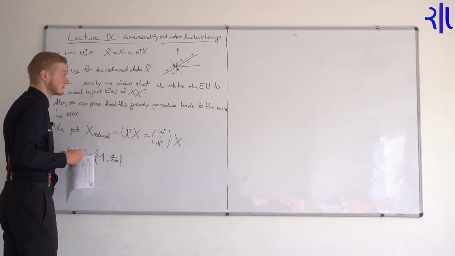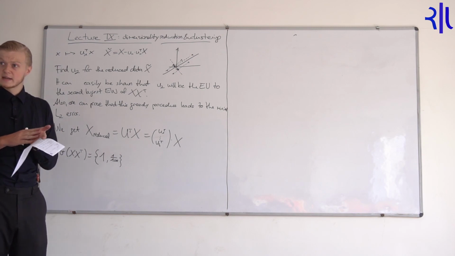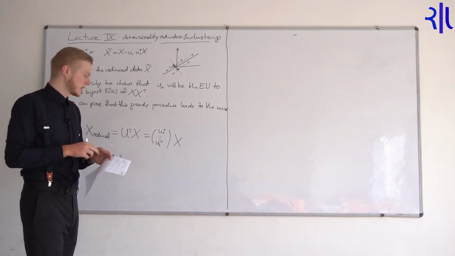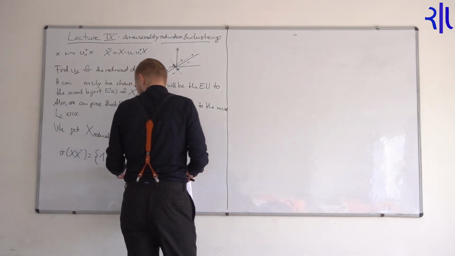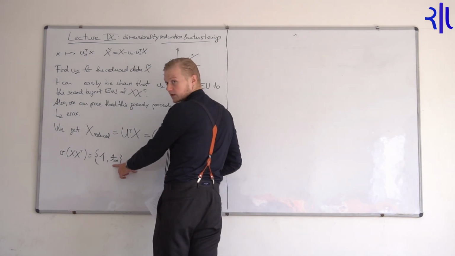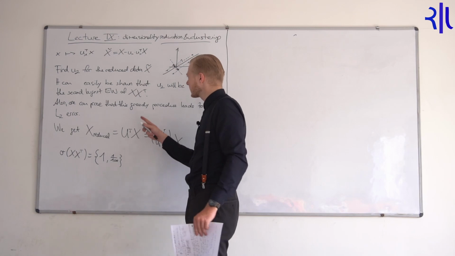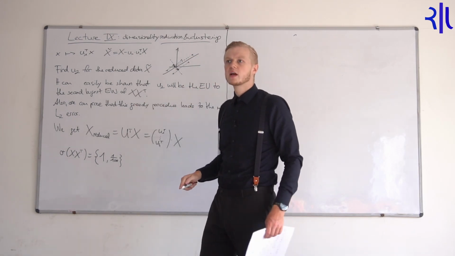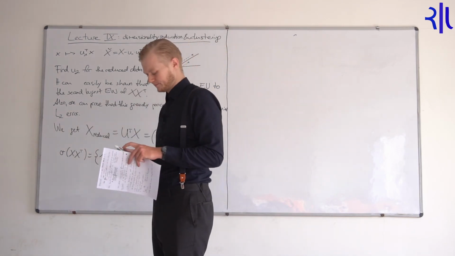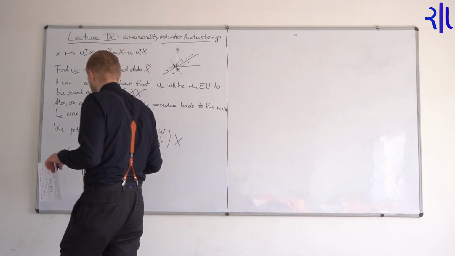If it was indeed perfectly one-dimensional, then the second eigenvalue would be 0. You call these the singular values of x, of your data matrix.